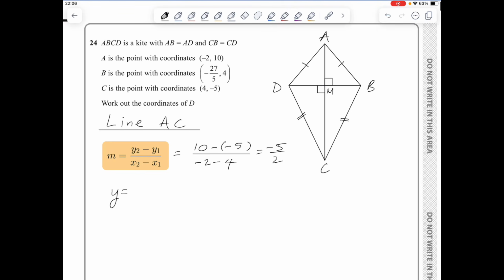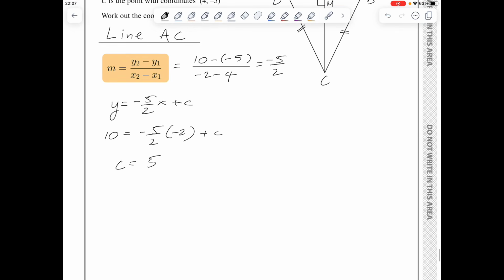So I've got y equals mx plus c, and I'm going to substitute in one of the points A or C. I will go with point A, so I get 10 equals minus 5 over 2 times minus 2 plus c. If I rearrange, I'll get the value of c equal to 5. Therefore, the line AC has equation y equals minus 5 over 2x plus 5.